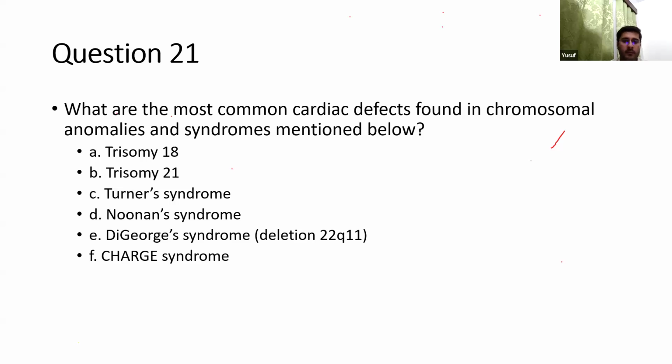Very good. What is seen in case of Turner syndrome? Very good. Coarctation. Any specific bicuspid aortic valve? Very good. What is seen in case of Noonan syndrome? Coronary stenosis. Nice. What are the anomalies seen in case of DiGeorge?